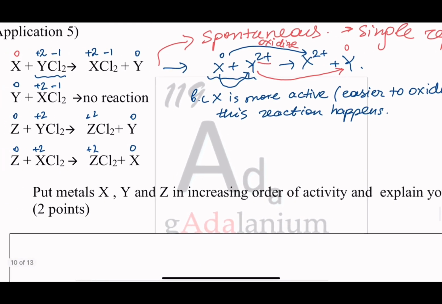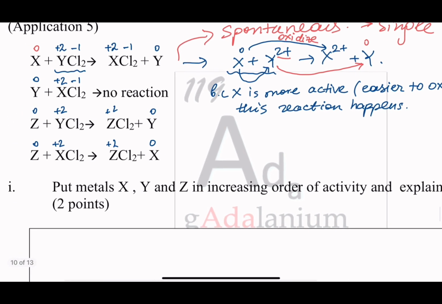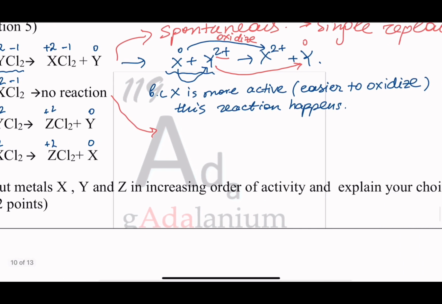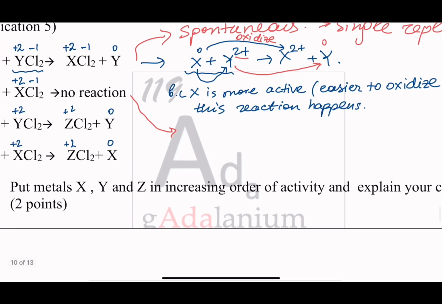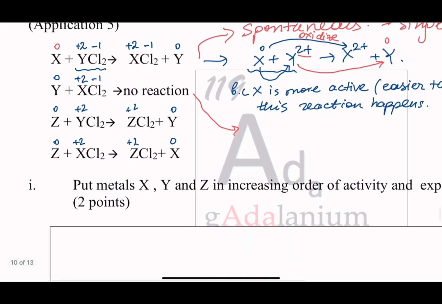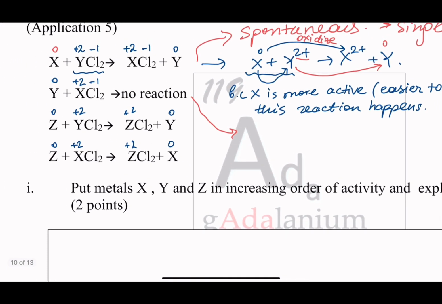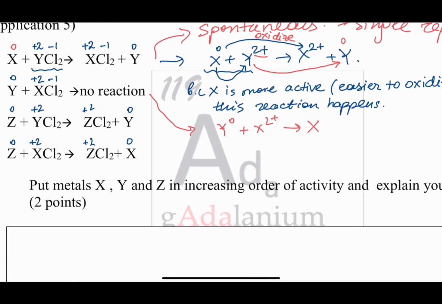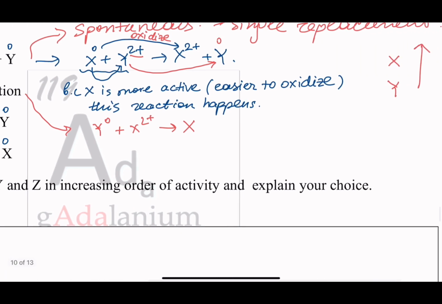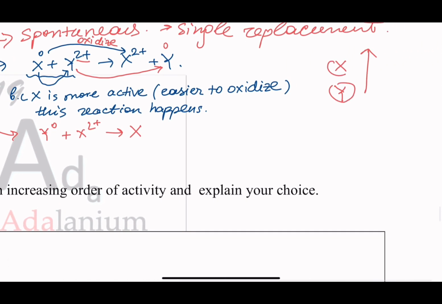But now if we check for this guy over here, using this data, we know that x is located higher on the activity series table. Okay, and then we look at the next one, y and x. Because y 0 plus x 2+ didn't happen, we know that y is located lower than x, as we found in here.